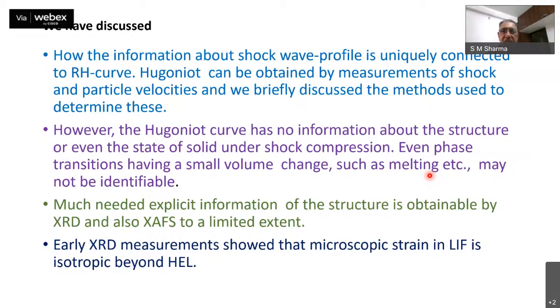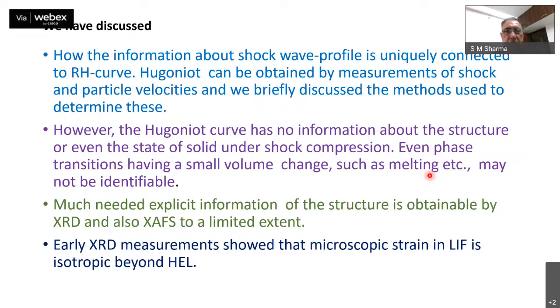And we briefly discussed the methods to measure the shock velocity and the particle velocity. The reason I say these two measurements is because the jump conditions that we derived were 3 equations and 5 variables, and all it required was that at least 2 be measured for unique specification of all measurable quantities under shock compression.